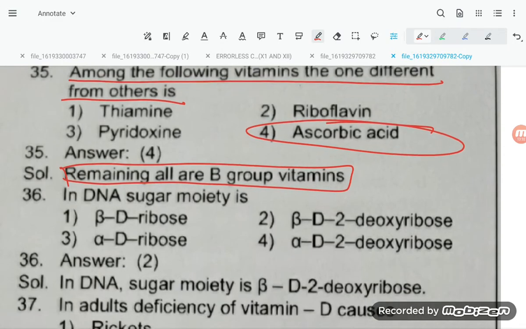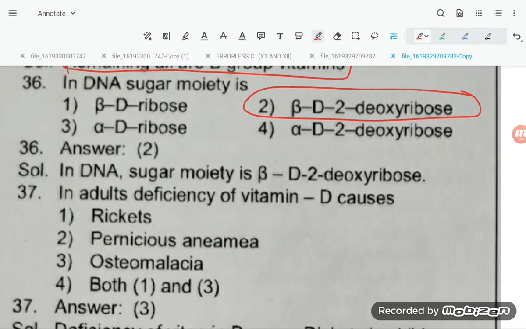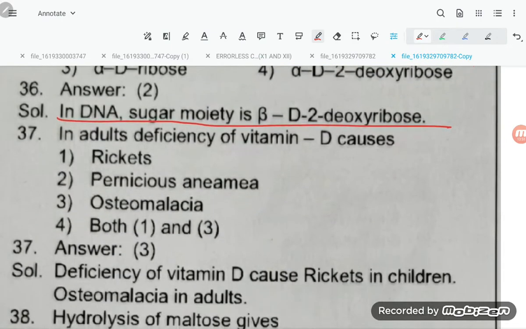In DNA, the sugar moiety is beta D 2-deoxyribose. Okay, in DNA, the sugar moiety is beta D 2-deoxyribose.